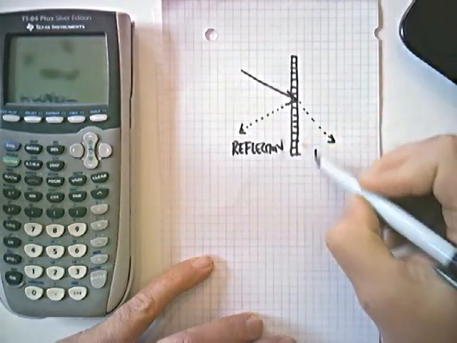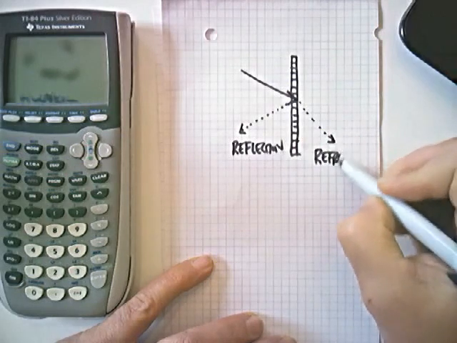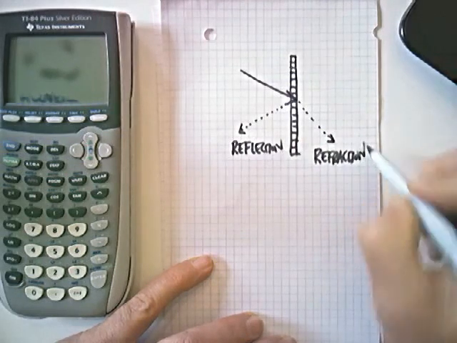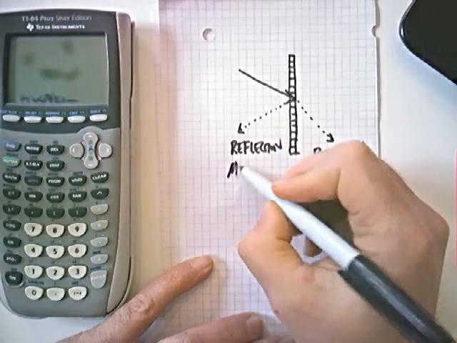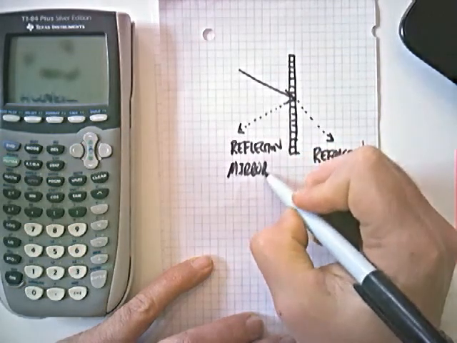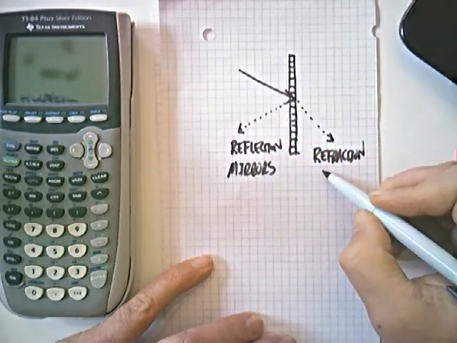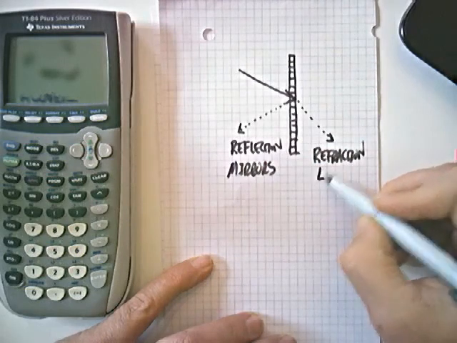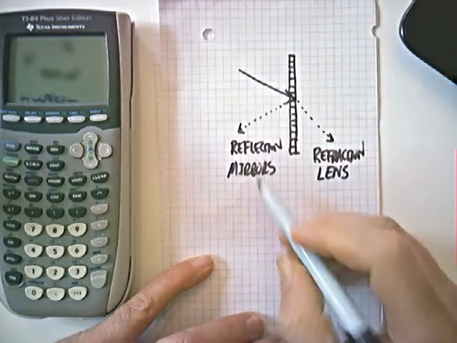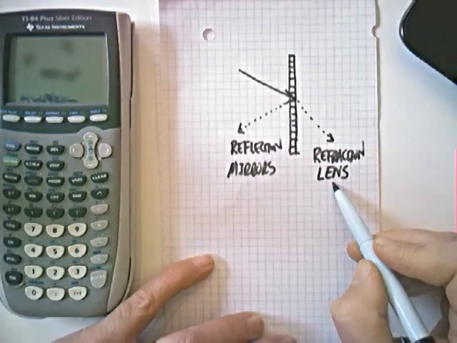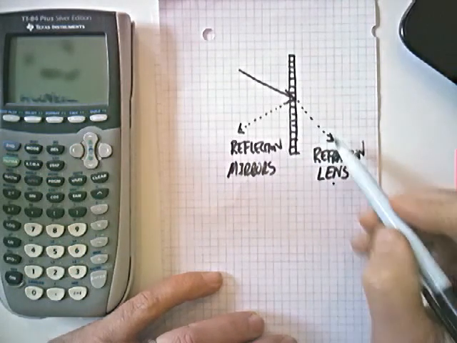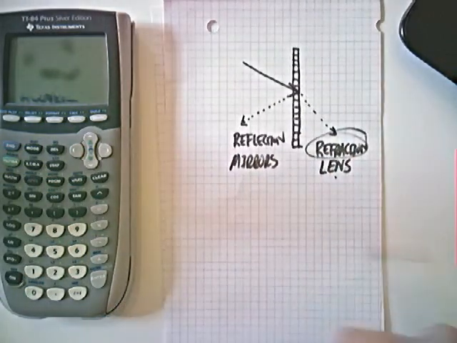And when it goes through, we call that refraction. We're going to study reflection in mirrors and refraction in lenses. So this will be the first week, and then this will be the second week. And then we'll go through and talk a little bit more about this term right here.